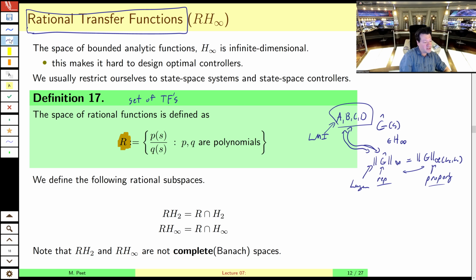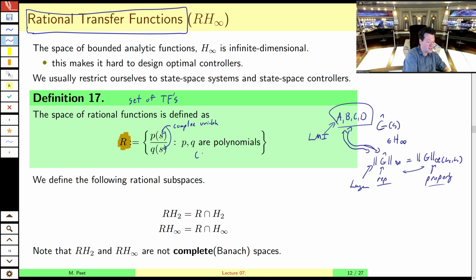It can be represented as the ratio of a polynomial in the complex variable over another polynomial in that same complex variable.